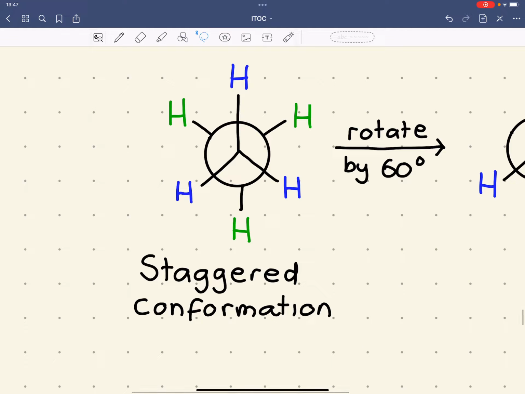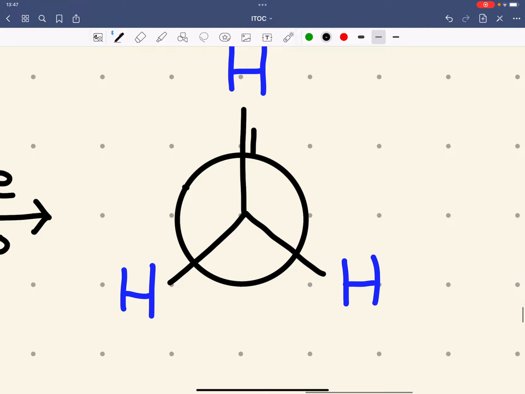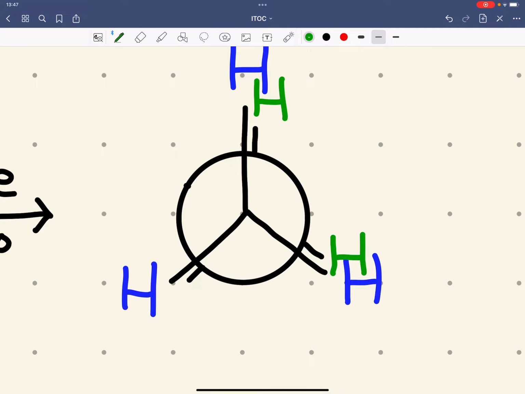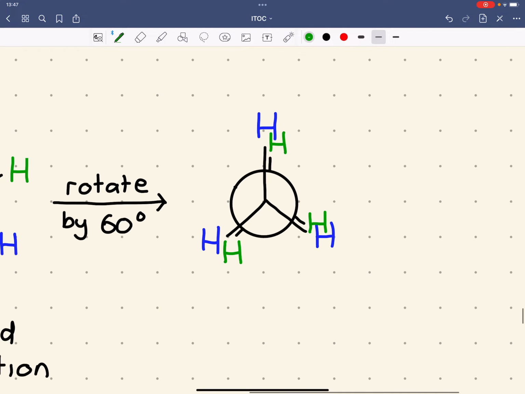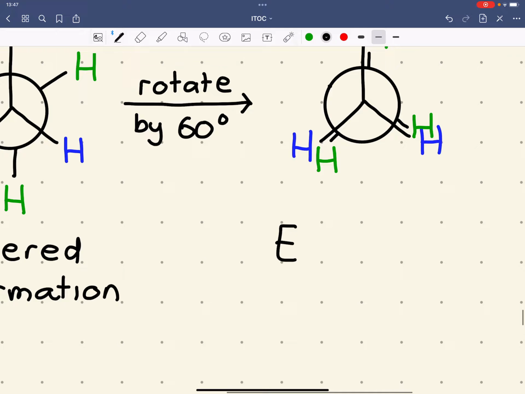Now, if we rotate this carbon-carbon bond by 60 degrees, like this, then what we now get is the green hydrogens are directly behind the blue hydrogens. And now this is called an eclipsed conformation.